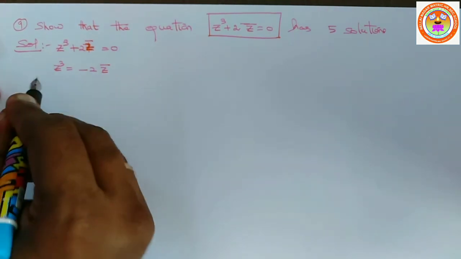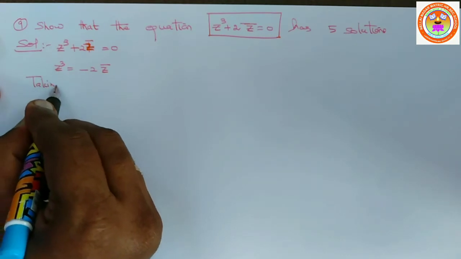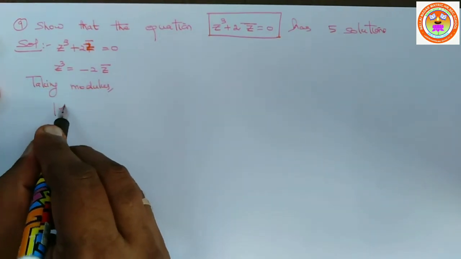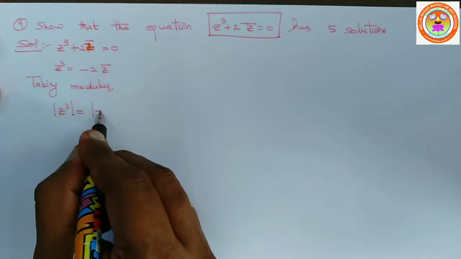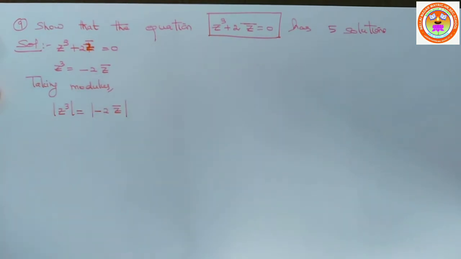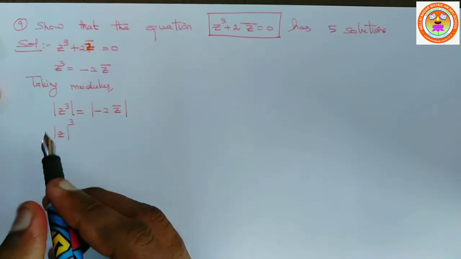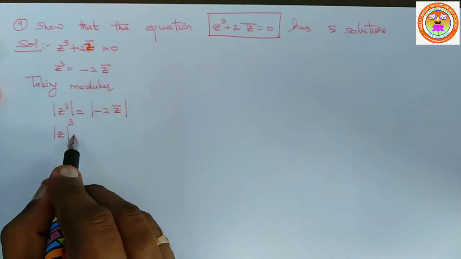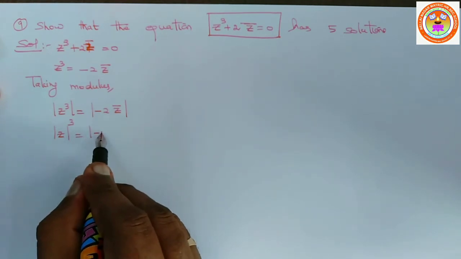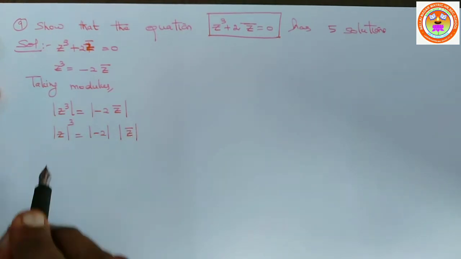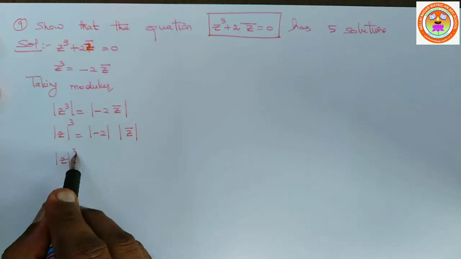So taking modulus, modulus of z cube is equal to modulus of minus 2 z bar. Using a formula, the power can be written outside: modulus of z, whole cube.